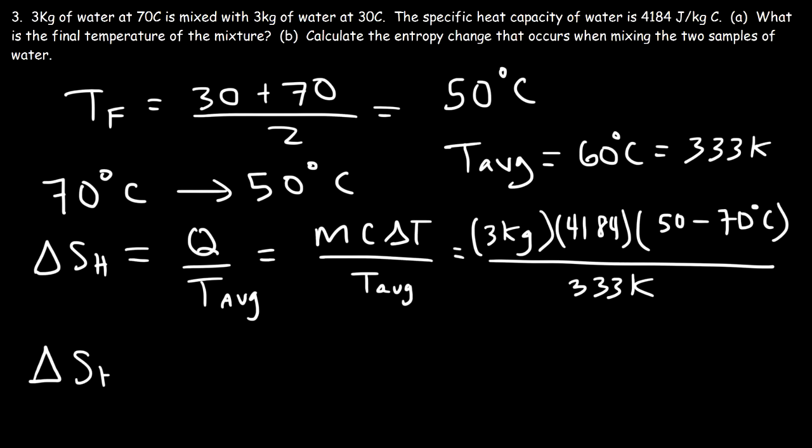So let's go ahead and plug this in. So 3 times 4184 times negative 20 divided by 333. So that's equal to negative 753.9 joules per Kelvin. So let's calculate the entropy change for the cold water sample.